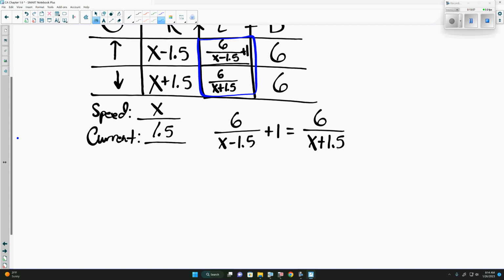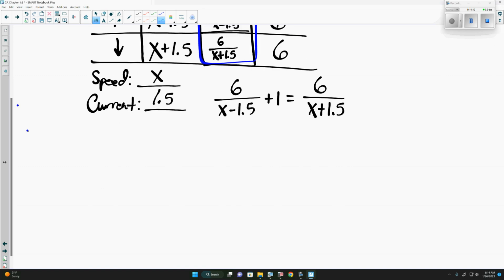If they didn't tell us the distance, but told us they were the same, they're going to give us a time going up and down the river, or one of them will be multiplying together, or we'll be solving for one of them. Now at this point, we can do the exact same thing we did on the last one. If I multiply the 1 on the right side by x plus 1.5, we know that these two will cancel out.